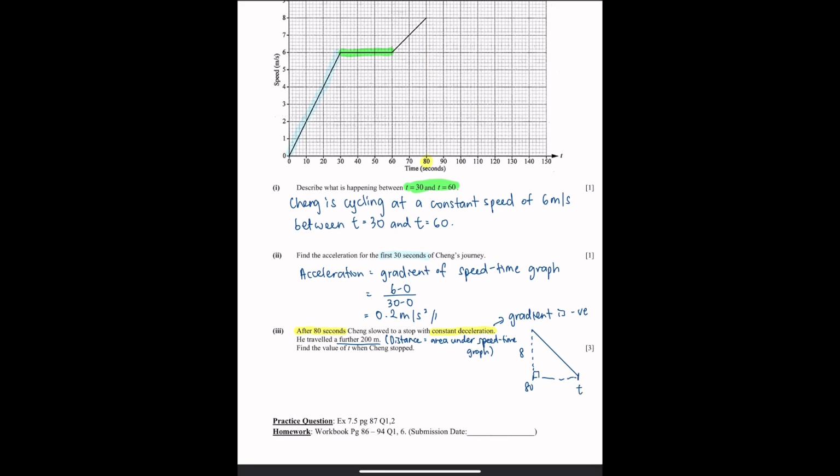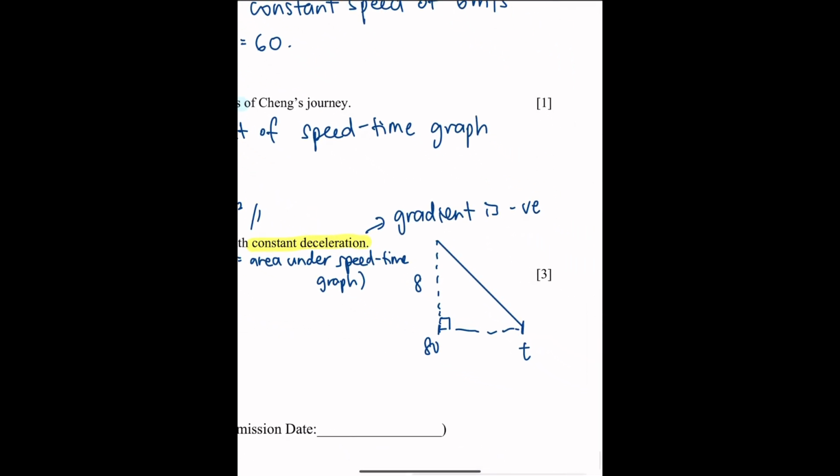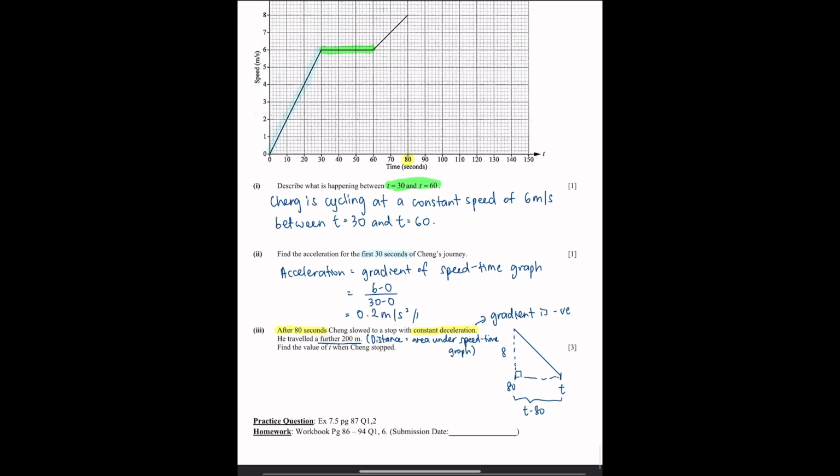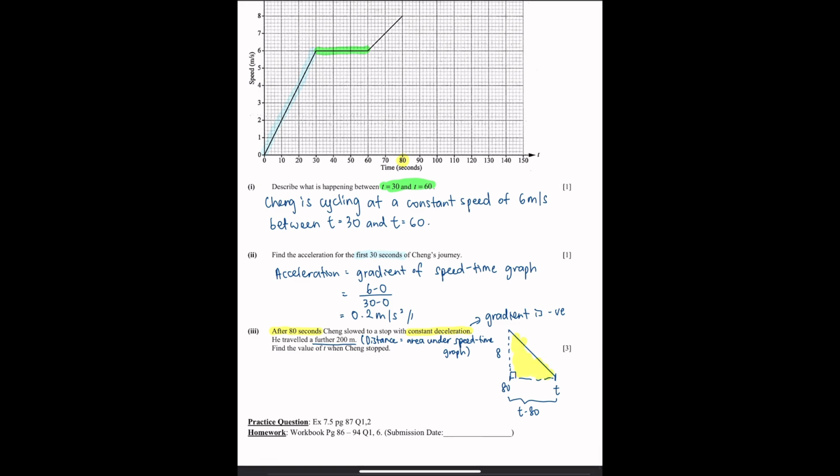If you notice there is a right angle triangle here. This length will be t minus 80. Because distance is the area under the speed time graph and the area here is a triangle, let me write here, area under graph equals the distance, which is 200.